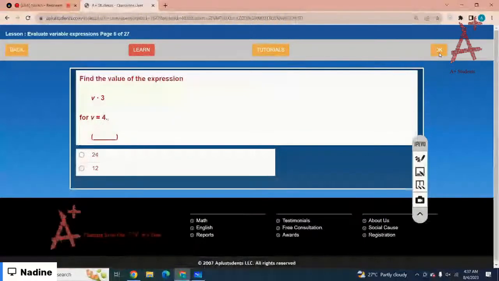Find the value of the expression v times 3. So which is the correct option? Three times four it is, right? Three times four is, yes, very good. That would be 12.